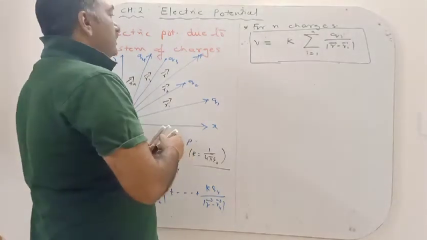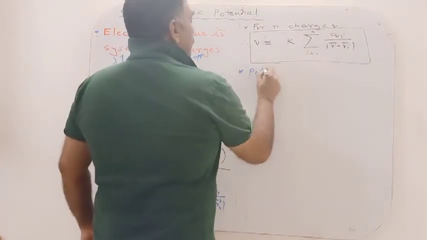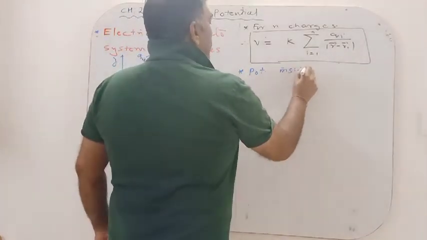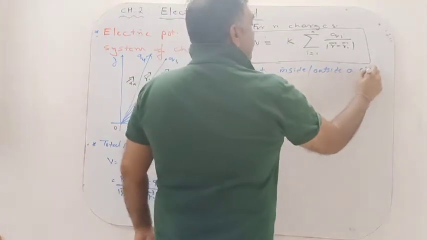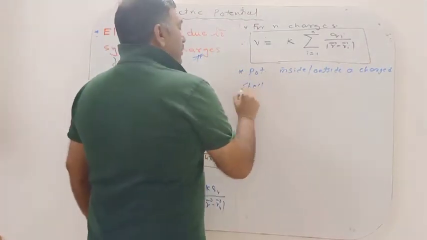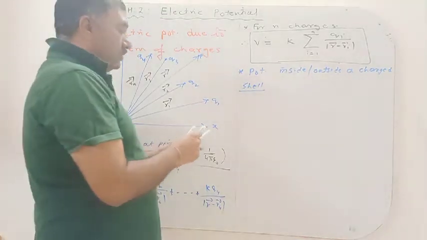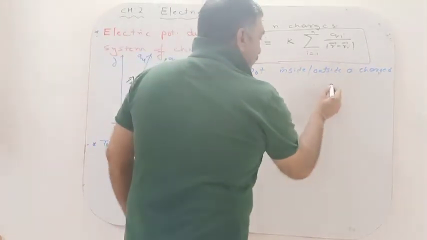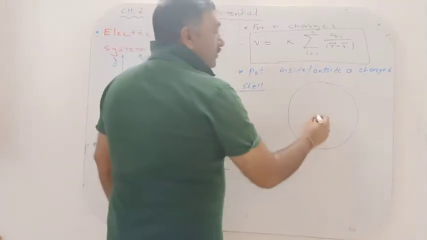Now we come to the second topic: potential inside and outside a charged shell. The shell is hollow from inside. Whatever amount of charge is provided on the shell will remain on the surface of the shell.